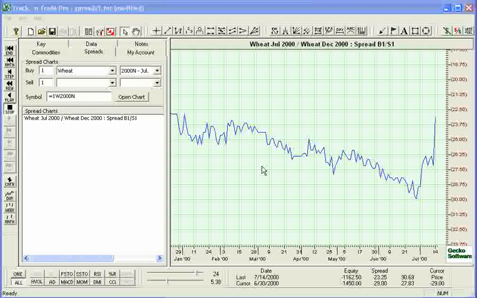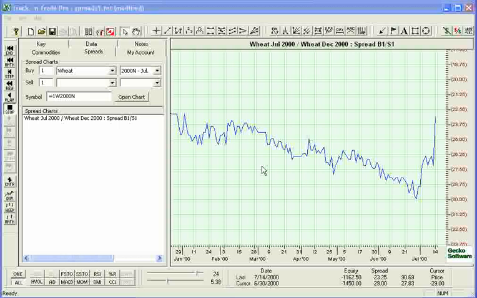You're more concerned about the difference in price between the two contracts you're looking at. You don't care whether corn is expensive on this contract and you're looking for it to drop, or what the price of the underlying contract is. You're concerned about the differential between the two contracts you're spreading.